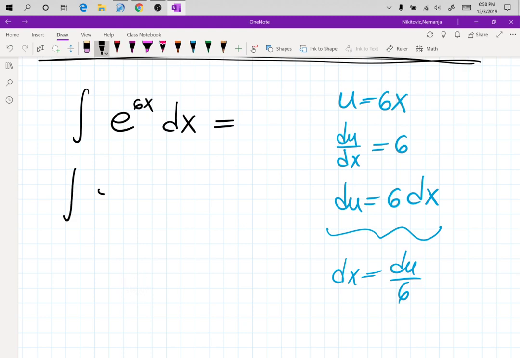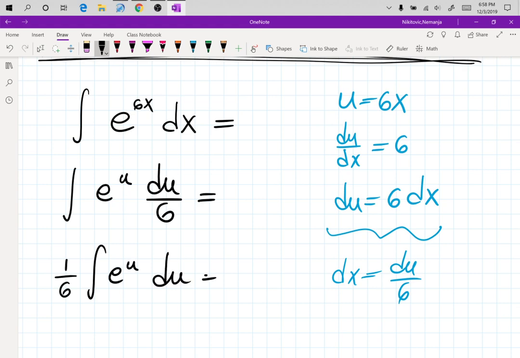So in the integral of e to the u, now I have du over 6, because my dx is du over 6. This is where 1 over 6 gets kicked in front of the integral, and I just have e to the u du.